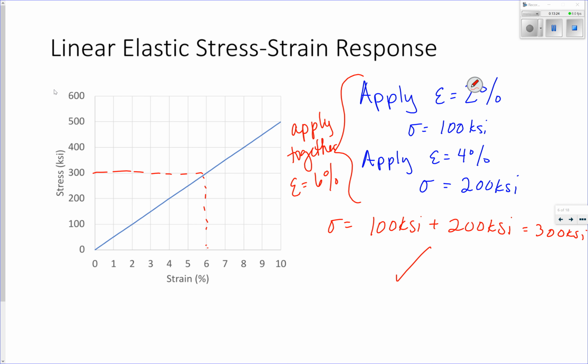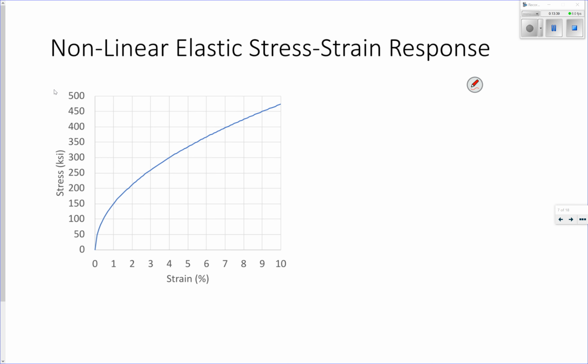Let's go back for a second. What if I have a non-linear elastic material? That means it's still elastic. There's no permanent deformation, but my stress strain curve is a parabola instead of a straight line.